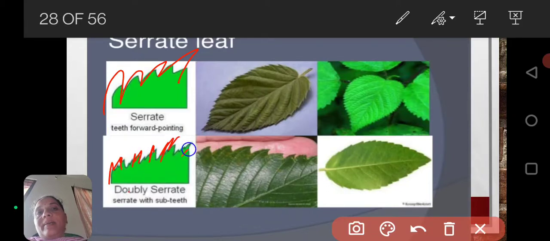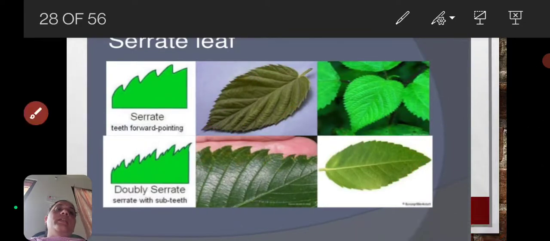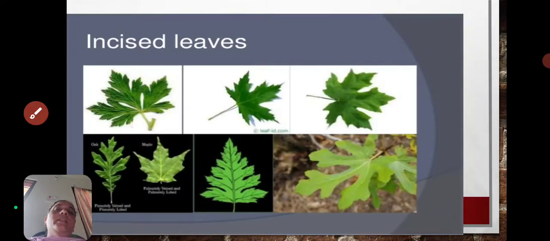Teeth are forward pointing, and serrate with subteeth here. Very sharp ends are there. Those are called serrate leaf margin, and these are the incised leaves.